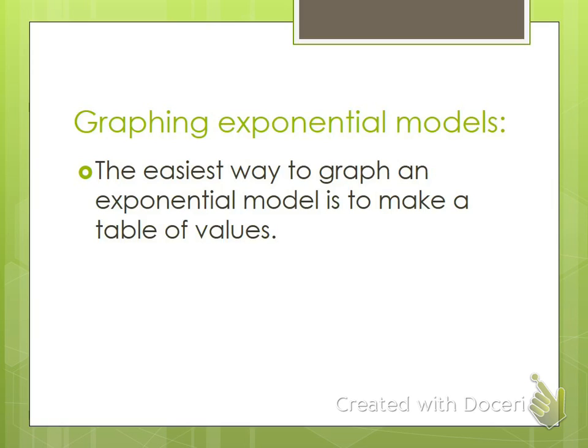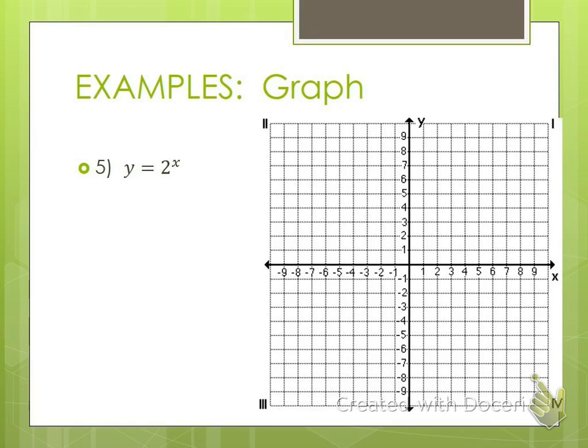I already gave this away a little bit, but the easiest way to graph an exponential model is to make a table of values. Here we go. It's been a while since we've graphed. We're going to have an XY table. Now, when we make these XY tables, we get to choose what we're plugging in.